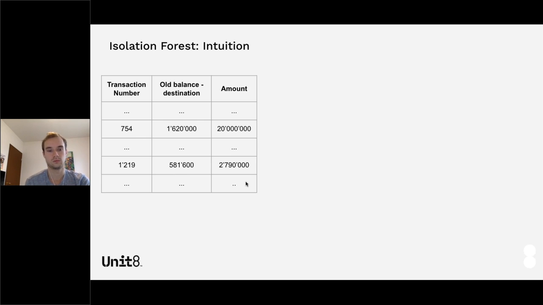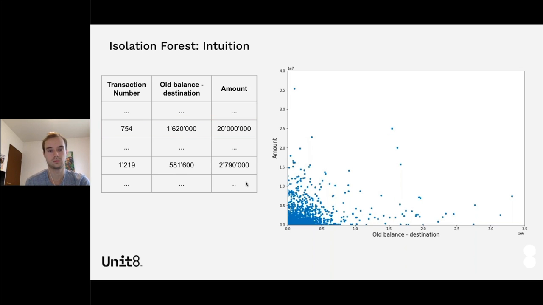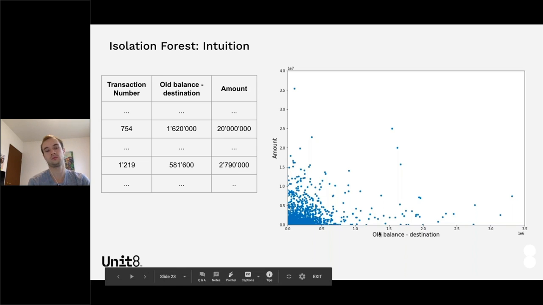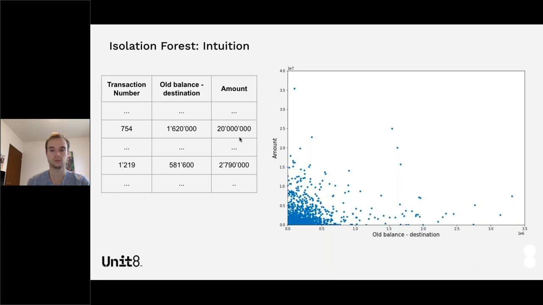To the right, you can see a scatter plot of the 2 features of all of the transactions. Once again, here you have only 2 features, and keep in mind that the space will be multidimensional. It's just for the sake of simplicity.